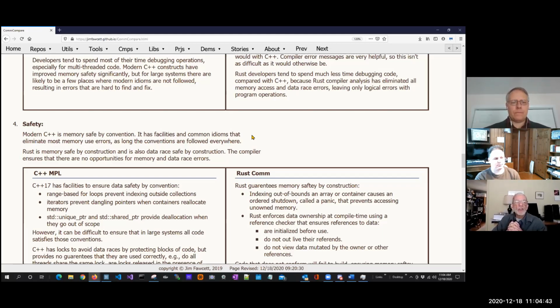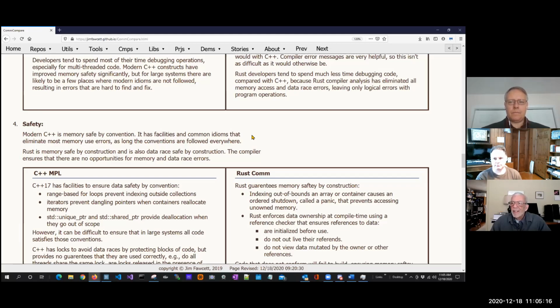Where Rust shines is it does it by construction, so there are no slips because the compiler won't let you introduce those slips. The other major thing is that Rust gives you much better protection against data races than C++. C++ has locks, but it's really easy to misuse them. Basically, locks in C++ lock critical sections.